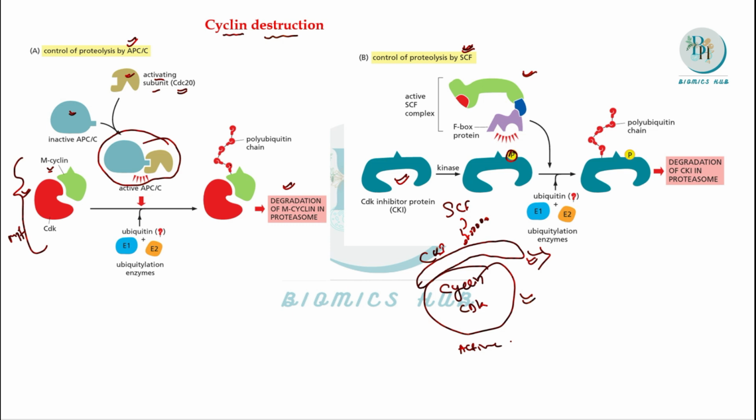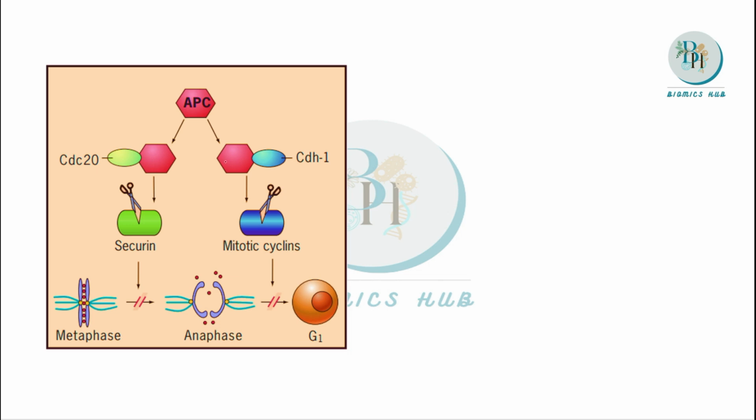Okay, so the APC which was present is activated by two factors: one is CDC20 and the second one is CDH1. When it is activated by CDC20, it works on securin and allows the cell to go from metaphase to anaphase. When it is activated by CDH1, it works on mitotic cyclin.